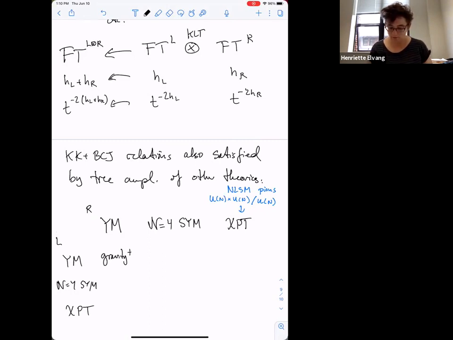If I do N=4 super Yang-Mills with Yang-Mills, the supersymmetry is preserved, in the sense that what I end up with is N=4 supergravity, SG for supergravity. If I do N=4 with N=4, the supersymmetries add up and I get N=8 supergravity. This map is symmetric, so I can fill in this entry.